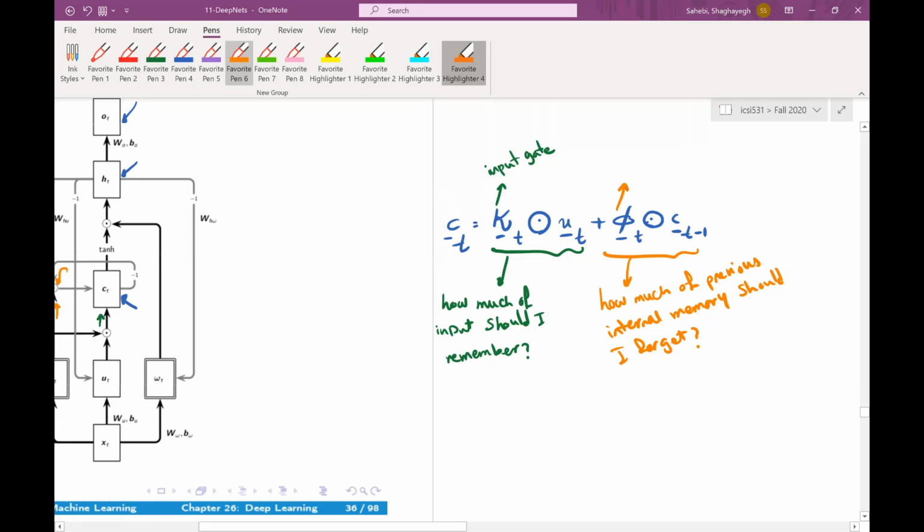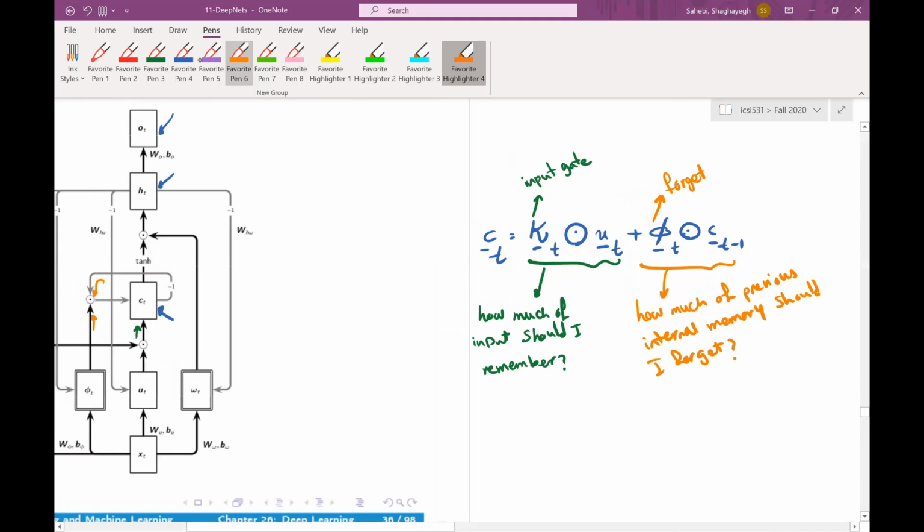So that's why we have this forget gate. And you see that for C_t here, we do not have any activation function. Because we don't have any activation function, it's as if we are using an identity activation function. So we are not going to have any decays, and we're not going to have any explosion of gradients because of that. So that is very nice.